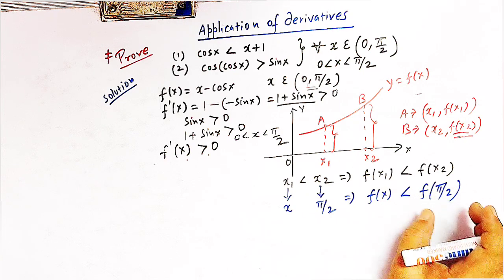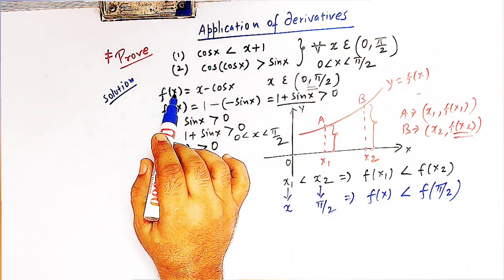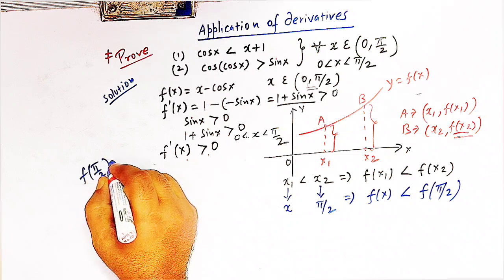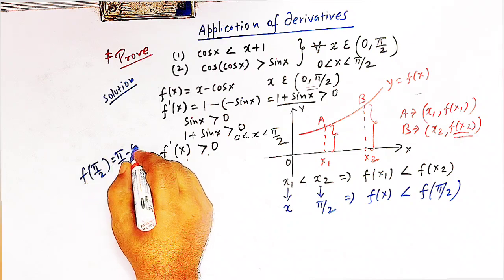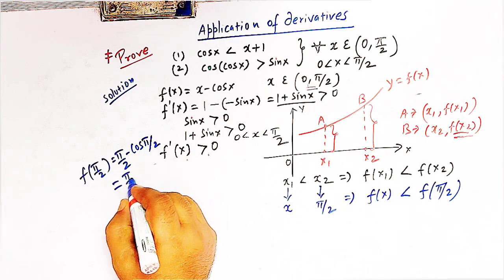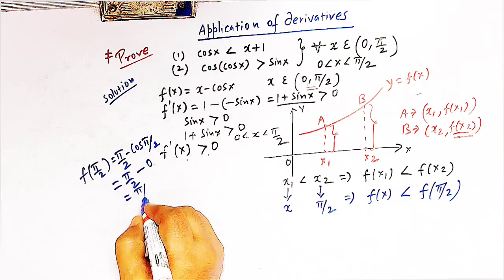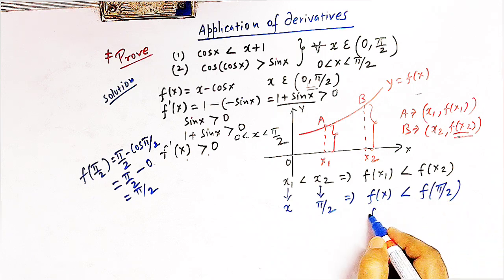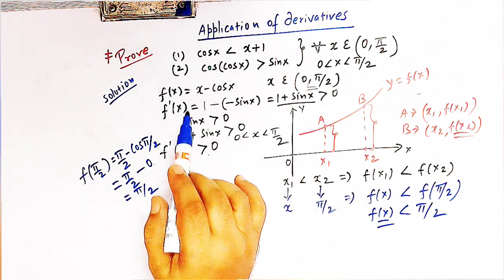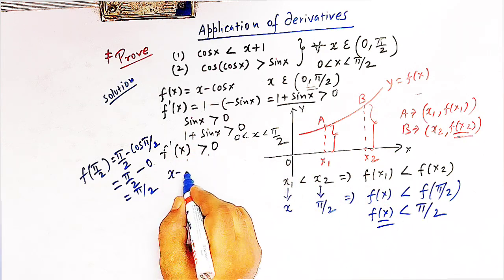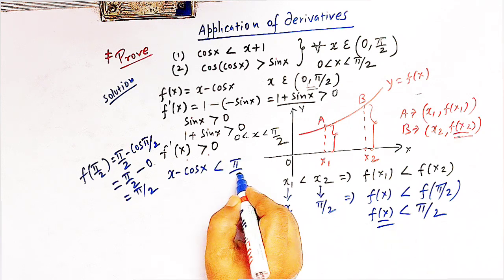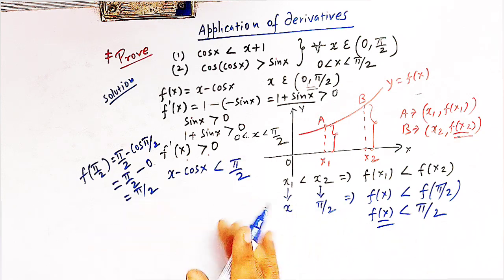Let us find f of pi by 2 from this function. f of pi by 2 is pi by 2 minus cos of pi by 2, and cos pi by 2 is 0. So we have pi by 2 minus 0, that is pi by 2. So we can now write f of x is less than pi by 2. Now f of x can be replaced by x minus cos of x, less than pi by 2. Let us rearrange the terms.